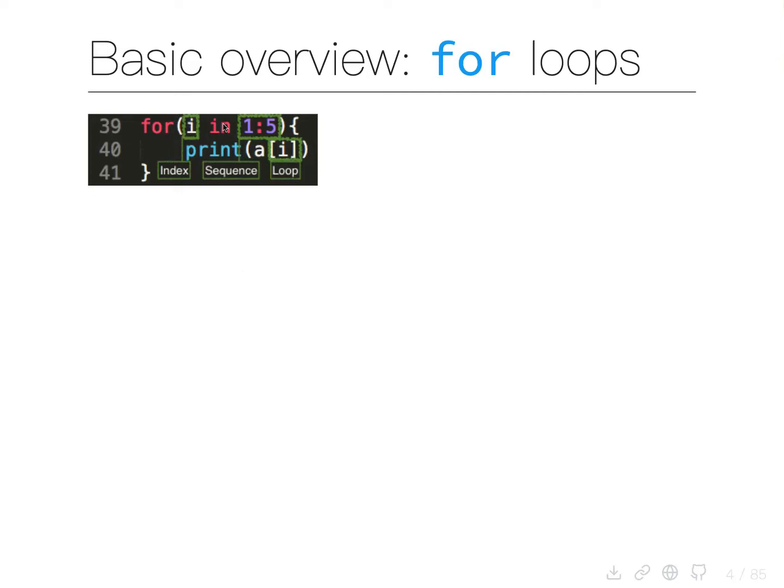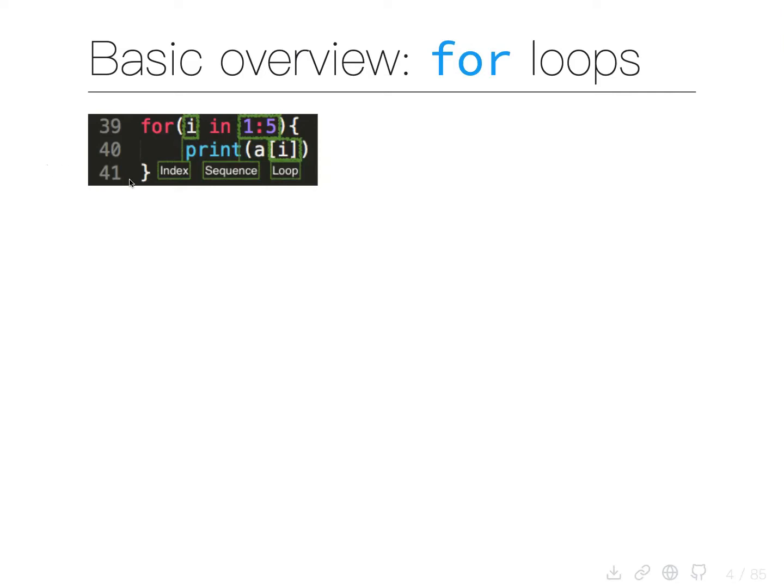Then you say for I in, or for whatever in, you always have this in, then you put the vector that you want to loop through. Okay, so sometimes it's just indexes like this, because you're going to use that to index the thing that you're looping through, but very regularly it's also just a vector on its own. Like I said before, you could just loop through colors, right?